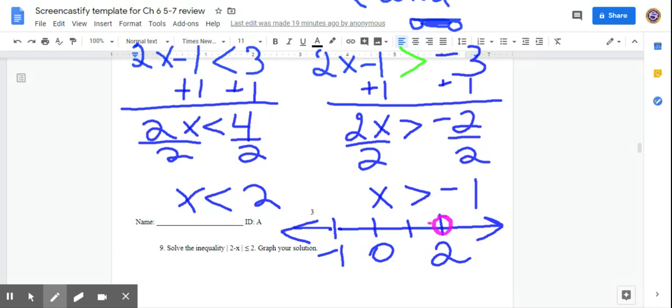And I would shade to the left. X is greater than -1. Open circle on -1 because it's not included. And greater than would be to the right. So this is an and, remember. So it's going to be an intersection. So I'm going to shade in between those 2 inequalities. Do not put arrows in between there. That would mean they continue, and it does not continue.